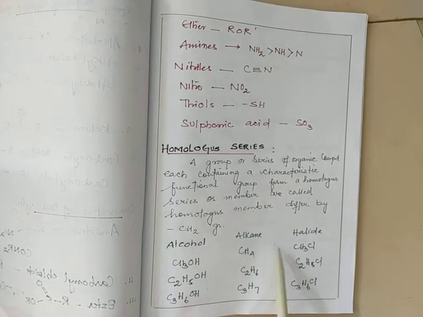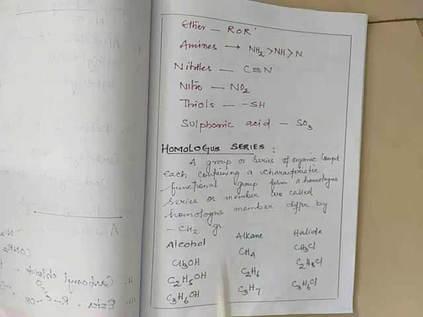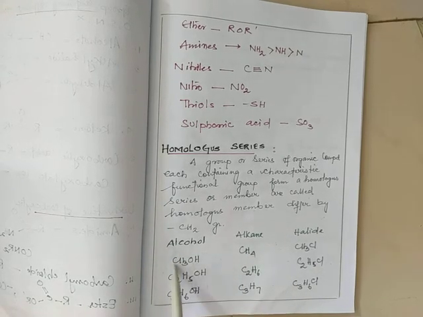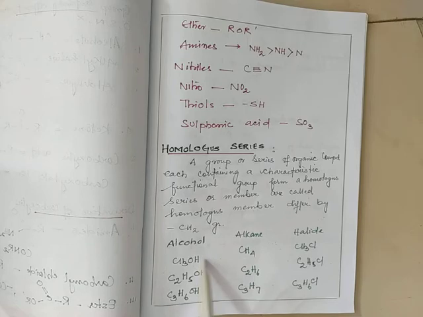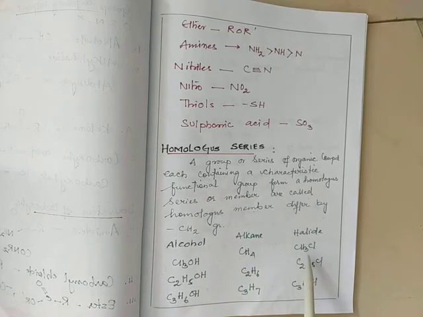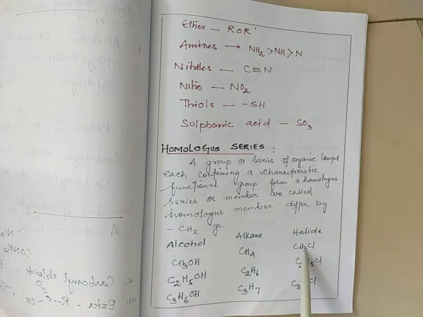In that alkyl we attach the functional group OH, then we say methanol. Likewise, if we attach a halide group, then we say methyl chloride.